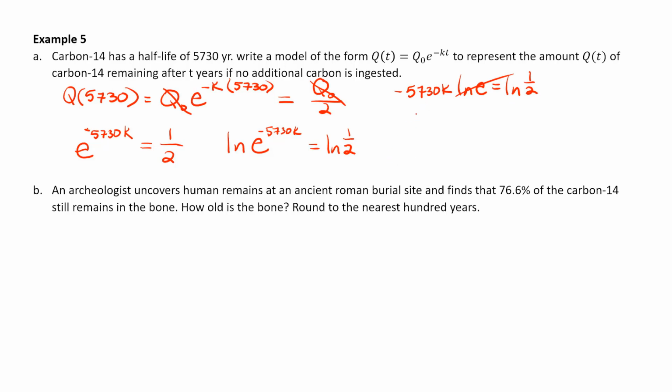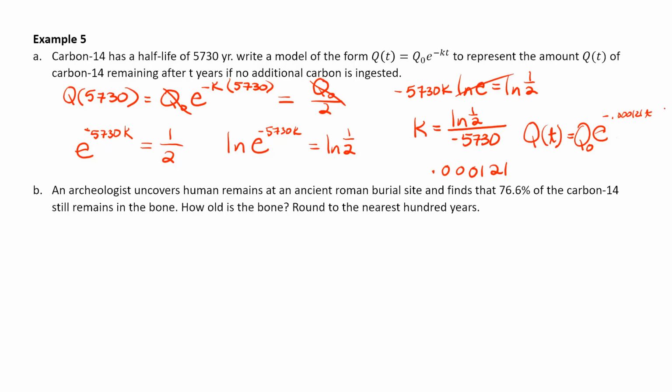And we can divide both sides by negative 5,730, so we will get k, so the function is going to be Q of t equals Q sub 0 e to the negative 0.000121 t.